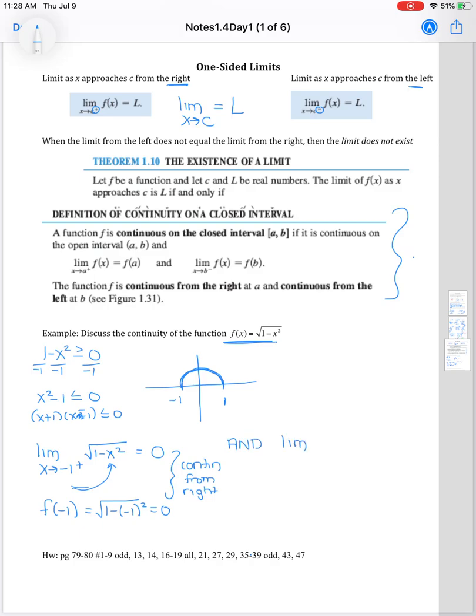And now if we go the other way, the limit as x approaches +1 from the left, same thing. We're going to sub 1 in, we get 0. Now if we check f of 1, we're going to sub that into the function, we also get 0. Which means this is continuous from the left.